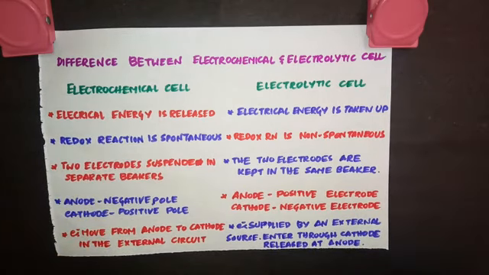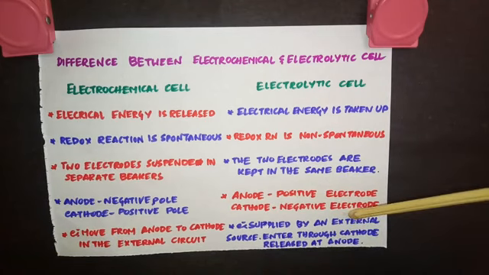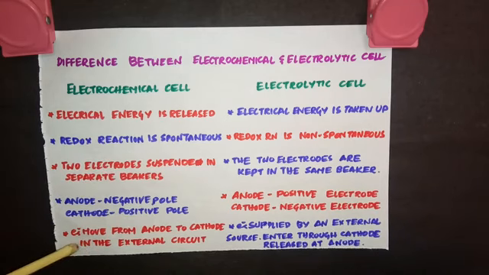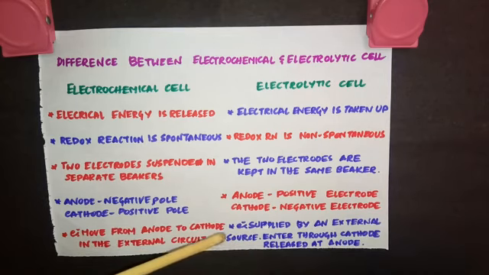In an electrolytic cell, the anode is the positive electrode and the cathode is the negative electrode. And the last point: in an electrochemical cell, electrons move from anode to cathode in the external circuit. But in an electrolytic cell, electrons are supplied by an external source. They enter through the cathode and are released at the anode. These are the differences between electrochemical and electrolytic cells.